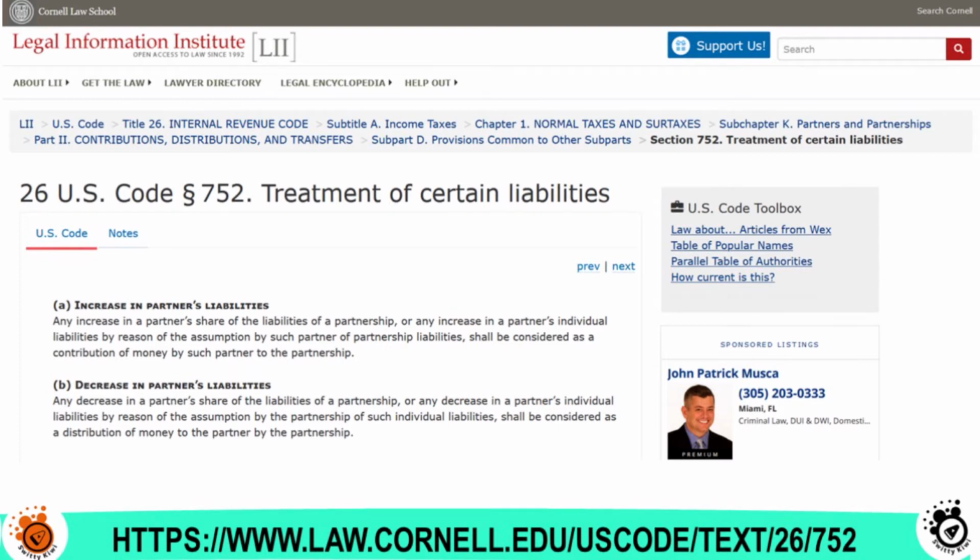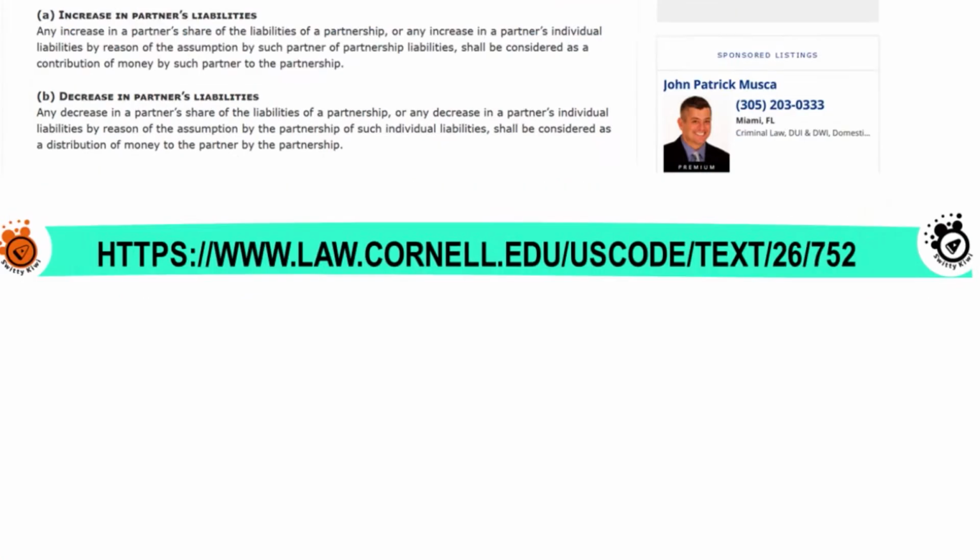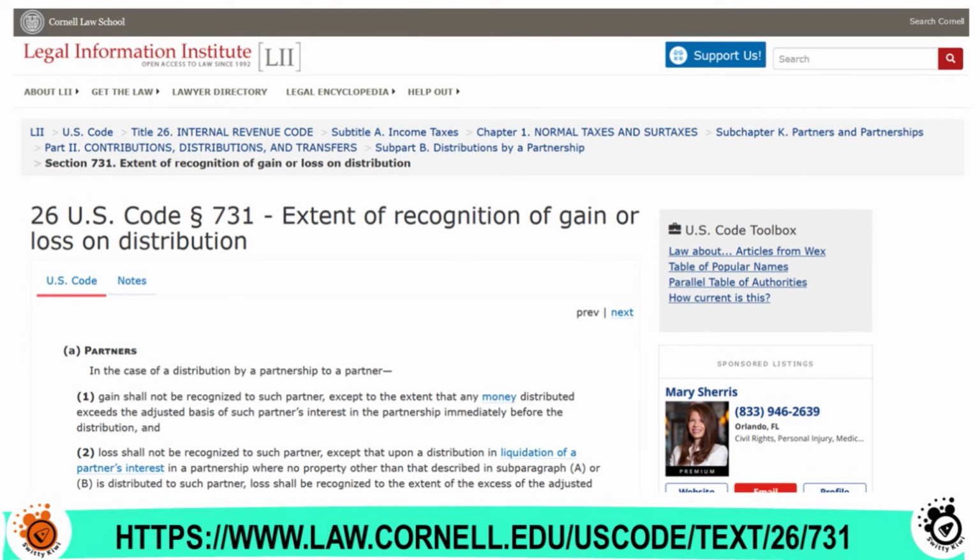The first one is Section 752, which provides that an increase in a partner's share of the partnership liabilities, or any increase in a partner's individual liabilities because the partner assumed those liabilities, is considered a contribution of money by the partner to a partnership. That's for 752(a). And the second screenshot I'm showing you here is for 704(d). You can see those two on the screen right now.